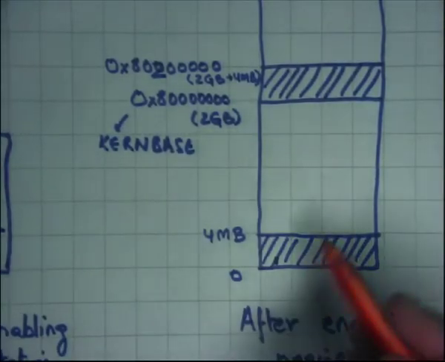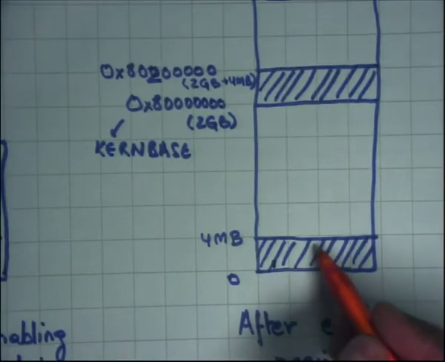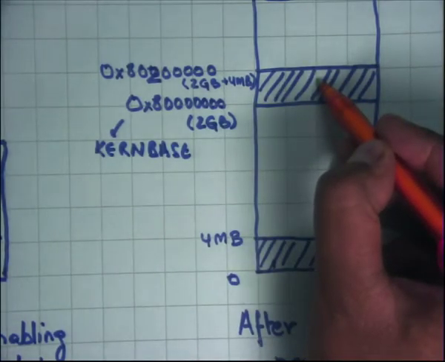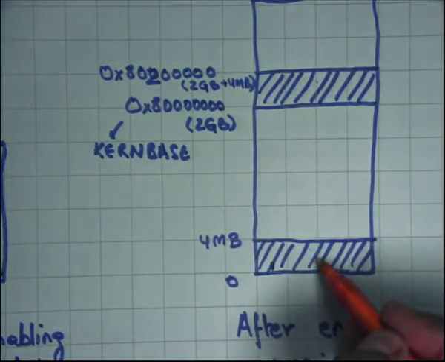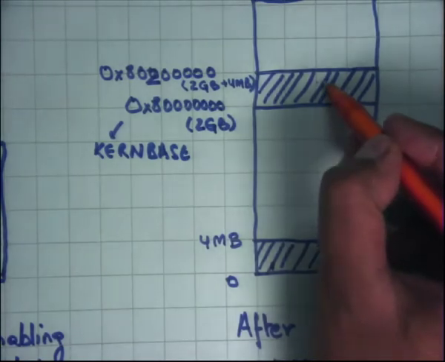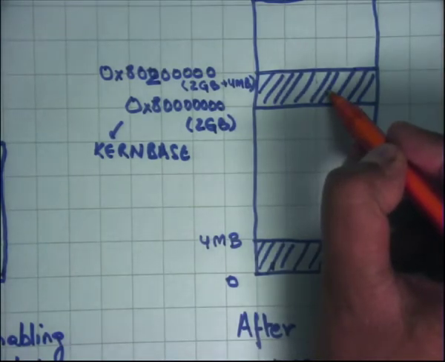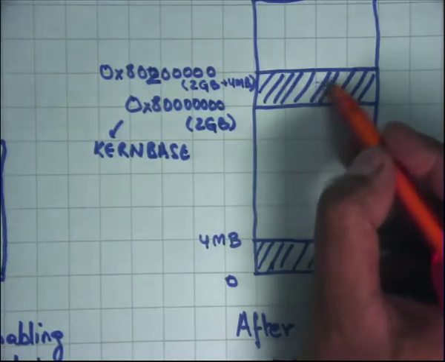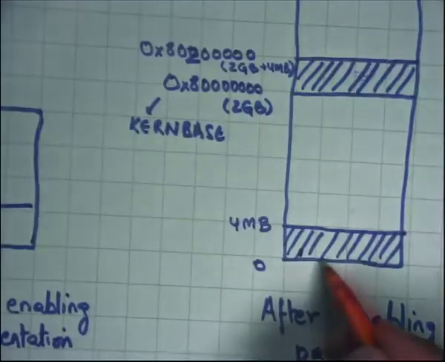So far my EIP and ESP were pointing somewhere here. I reloaded ESP to point here and it's standing on solid ground, and then I jump to main and once again EIP now points here. So now both my ESP and EIP point here, and from now on I'll basically be executing in this space completely, because I've forgotten about all my addresses here.